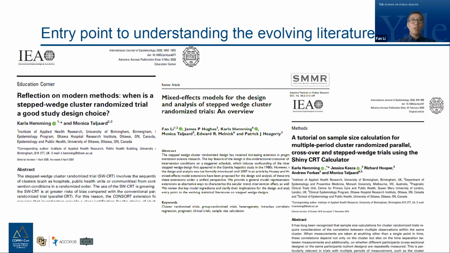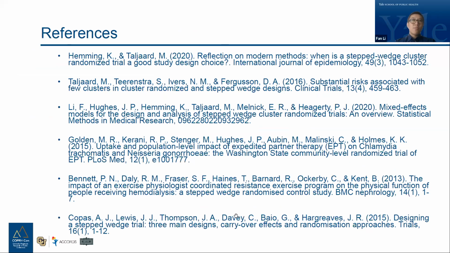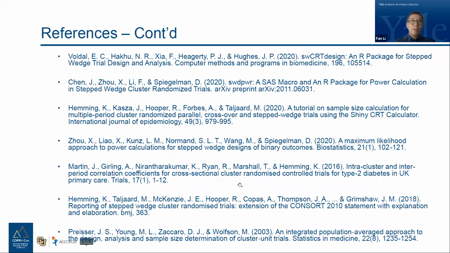The meta review article also discusses and synthesizes various models that have been proposed for stepped wedge cluster randomized trials in the past decade, a useful resource of reference. And so here is a list of references in the talk.